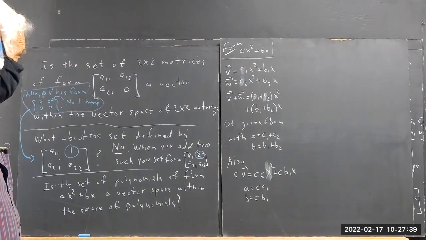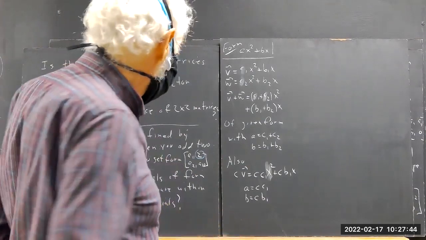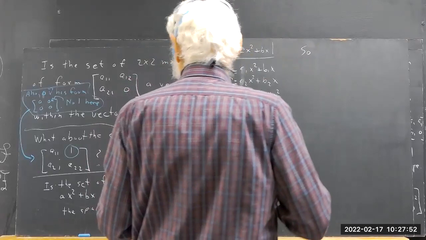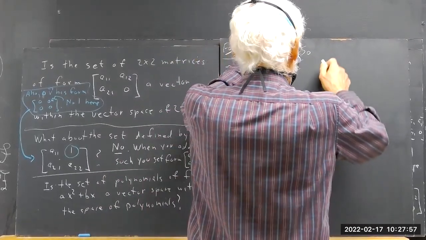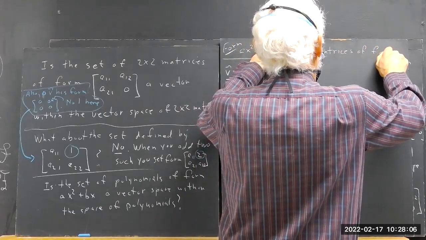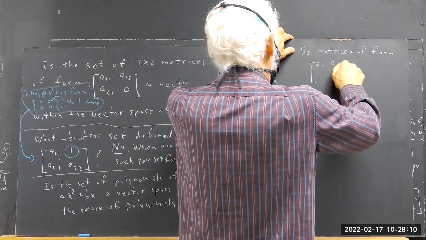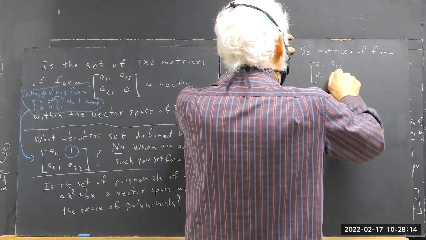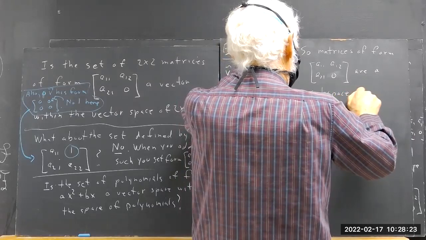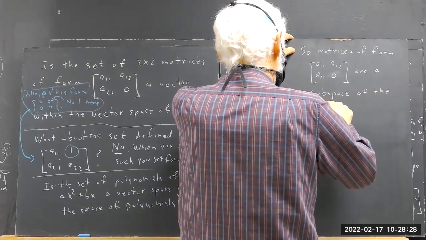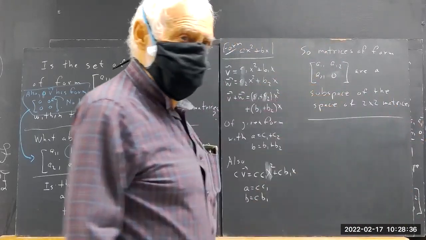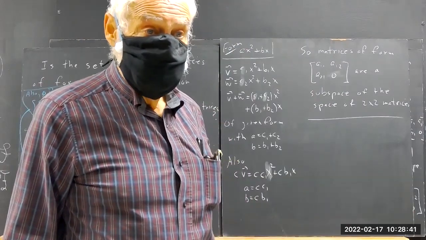But there it is. Okay. Well, what we just proved is that matrices of this form are a subspace of the 2 by 2 matrices. Okay.